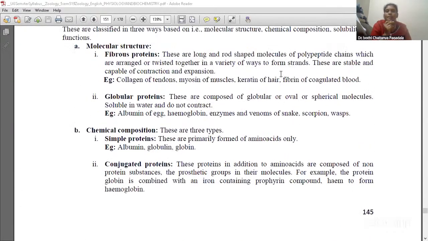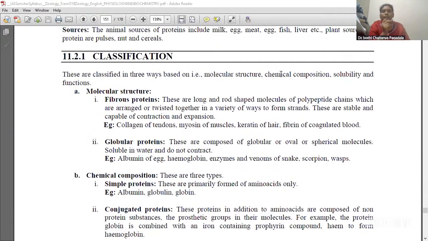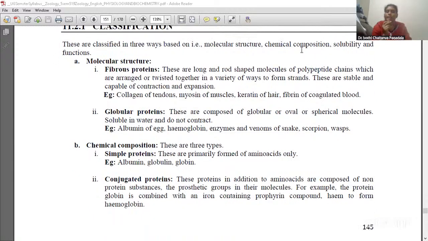A simple protein is a protein primarily formed of amino acids, such as albumin, globulin, and globin. Conjugated proteins, in addition to the amino acids, are a combination of non-protein substances, the prosthetic group, in their molecule.